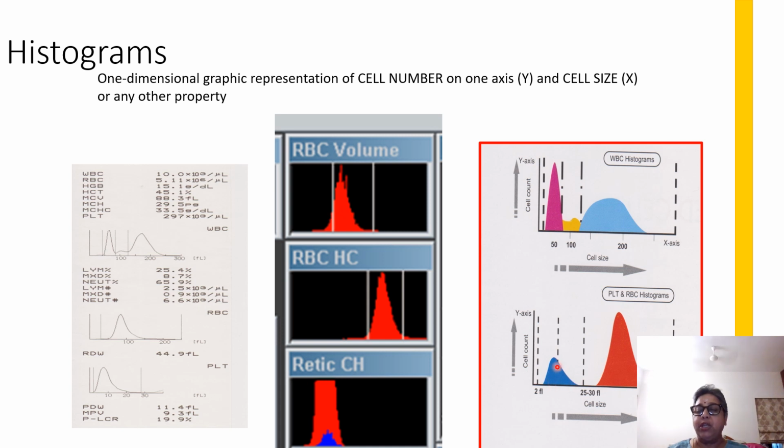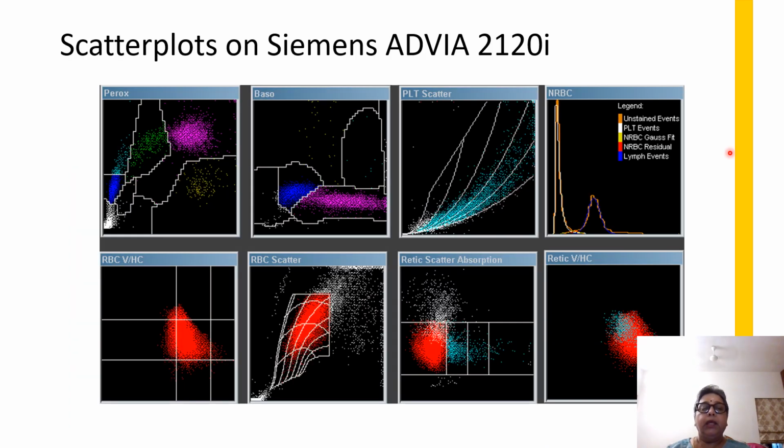So the differentiation in the number and in the height determines the cells on the histogram. This is a one-dimensional graphic representation of cell number on the y-axis and the cell size on the x-axis. These are the scatter plots that you can see on cell counters.